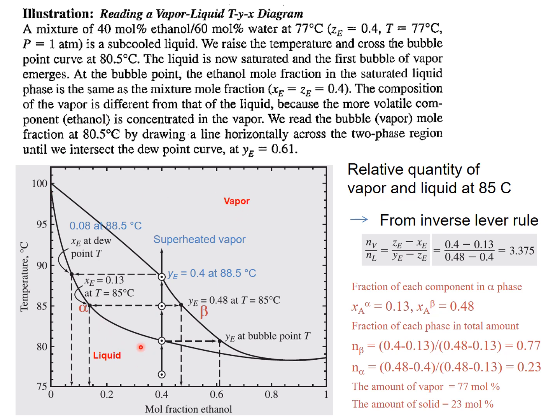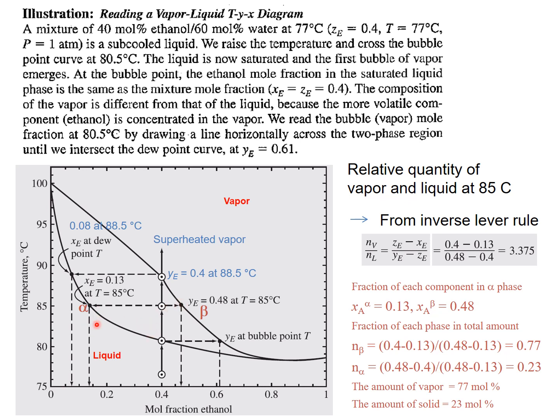So the single point is split into 2 points, and from this point you could read the composition of the liquid, and from this point, the beta point, you could get the composition of the vapor. You are not applying the inverse lever rule in the case of this composition, right? Can you remember?